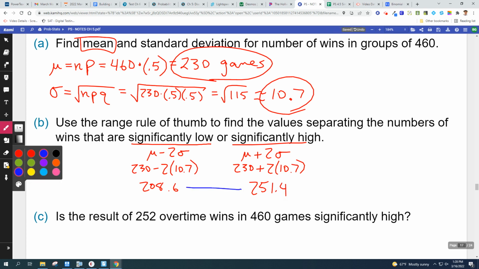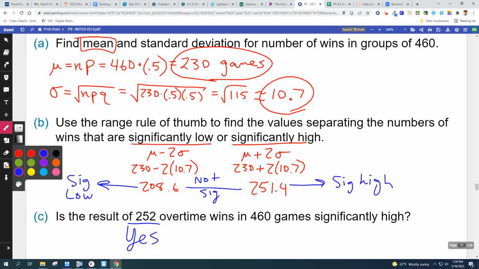Anything in between here is not significant, but anything out here is significantly high, and anything out here is significantly low. Part C says, is this 252 overtime wins significantly high? Well, yeah, it is. Yes, because it is higher than 251.4.